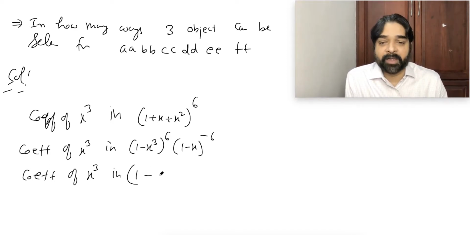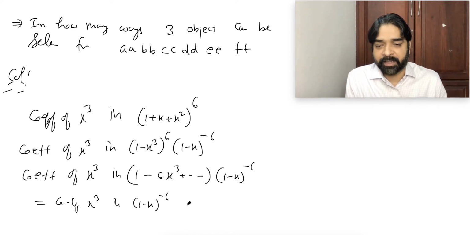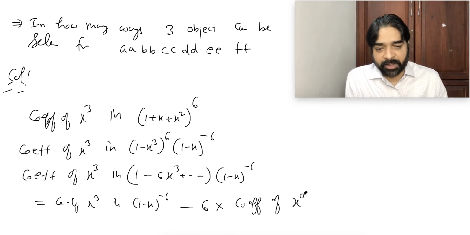Second term will be minus 6x cube. And the third term will be x power more than 3, so I should ignore that one. So that will be equal to coefficient of x cube in (1 minus x) power minus 6, minus 6 into coefficient of x power 0 in (1 minus x) power minus 6.